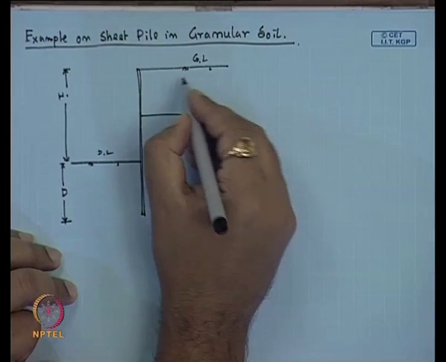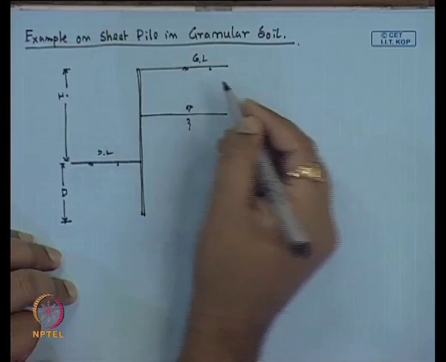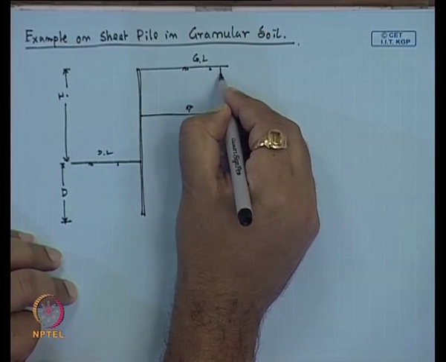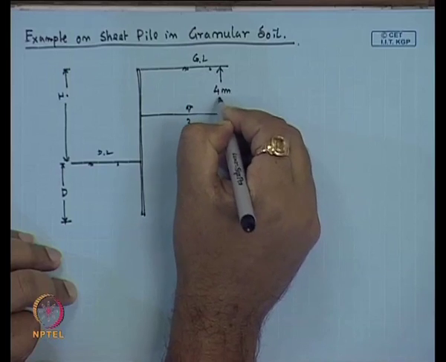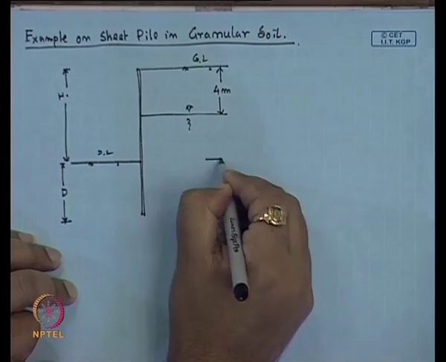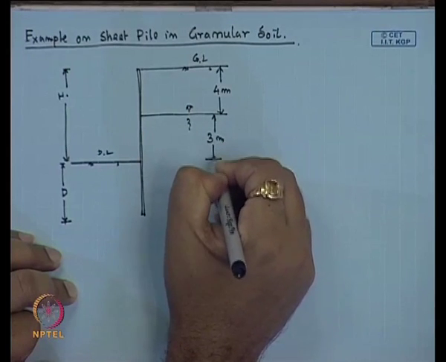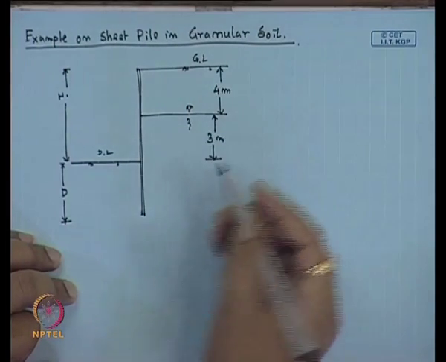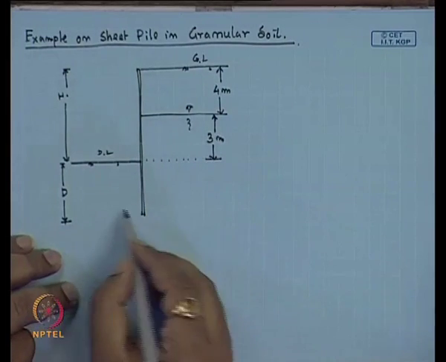Now, the properties of the soil above the water level. This water level is 4 meter below the ground level, the dredge level is another 3 meter below the water level, and this depth we have to determine. This depth is unknown.